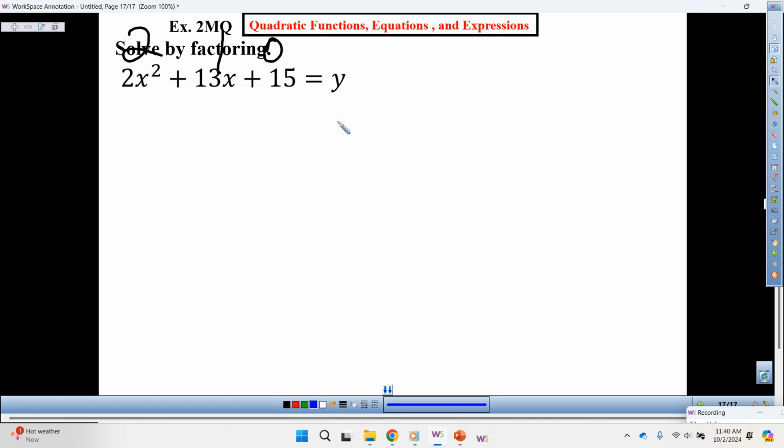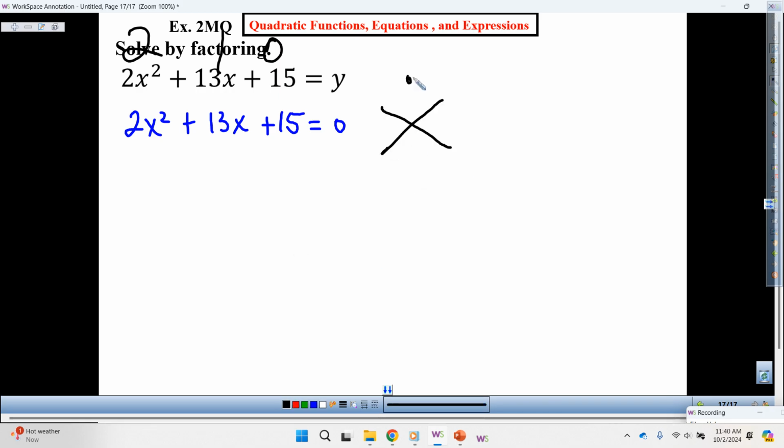So we replace the y with 0. Tell your neighbor what number goes on top and which one goes on the bottom. Talk it with your neighbor. Be careful with this one because we have a number in the front now. We have a leading coefficient.